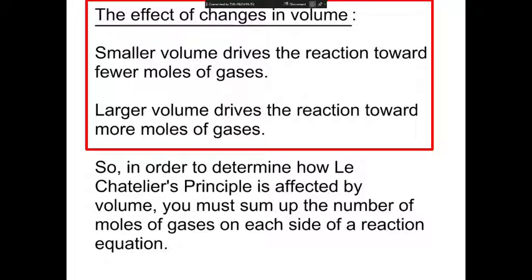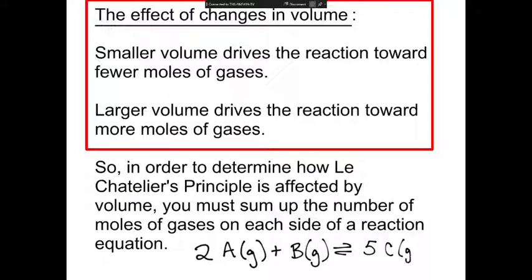If it's the same number of moles of gases on each side, then it wouldn't really have much of an effect. But let's go back to our imaginary reaction and put some coefficients in front of it. So if it said 2A gas plus B gas yields something like 5C gas, then I'm going to count up.